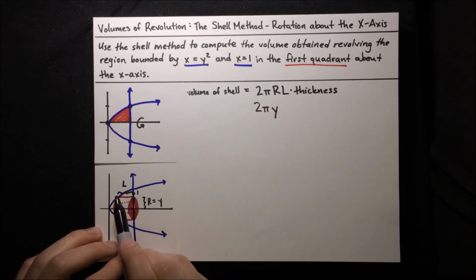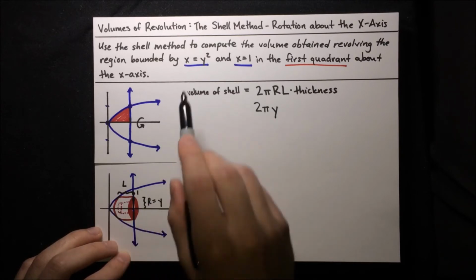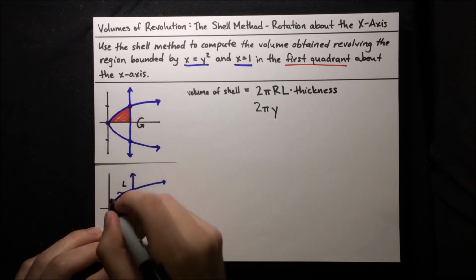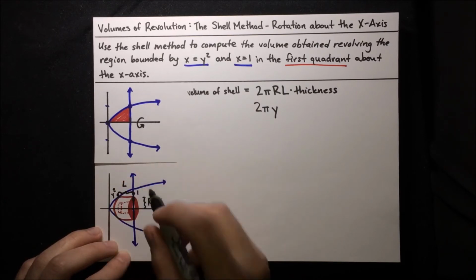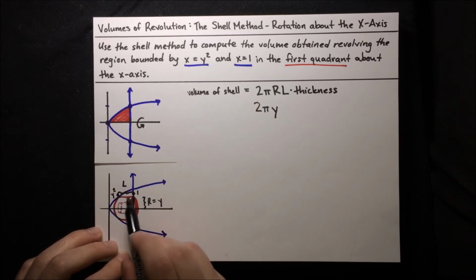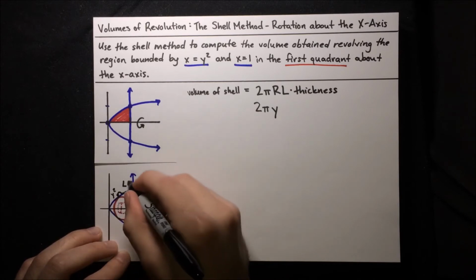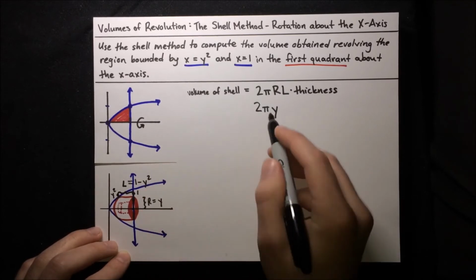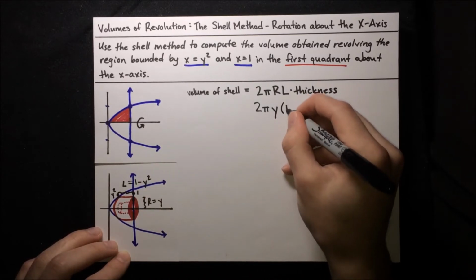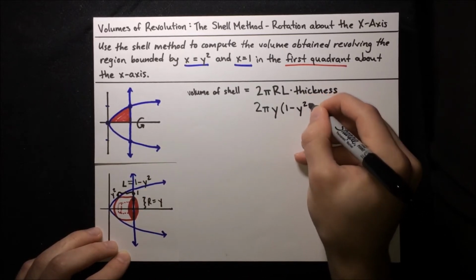Now the left endpoint happens to be on the parabola. And on the parabola, the x coordinates are given by y squared. So this x is given by y squared. So the length is just the difference between those, 1 minus y squared. So that's what we'll put in for the length here, 1 minus y squared.